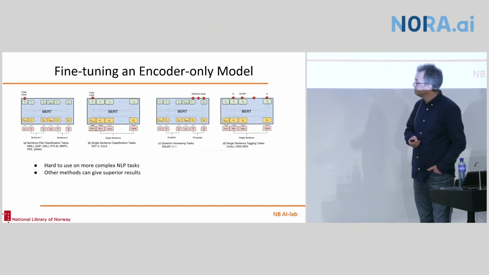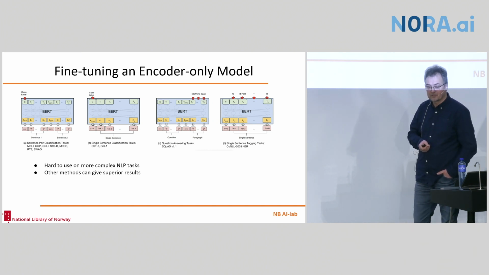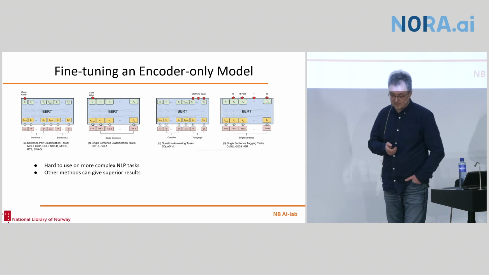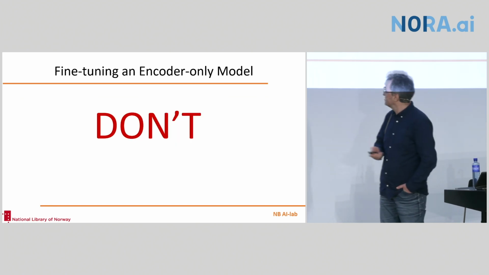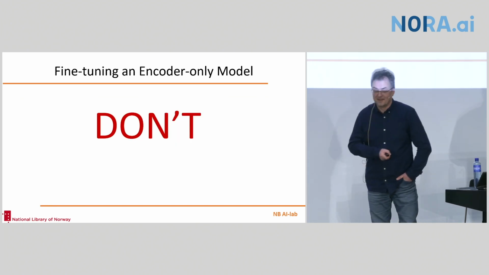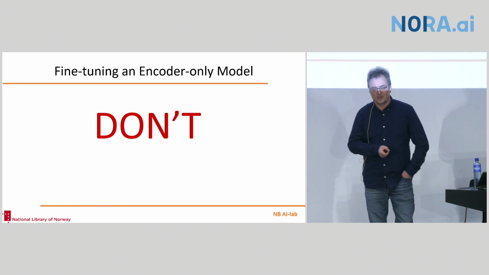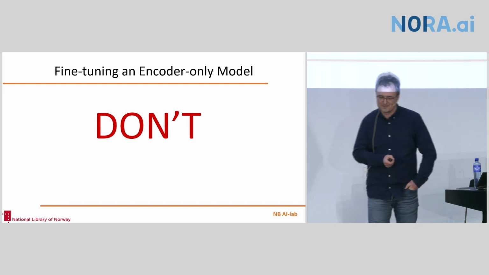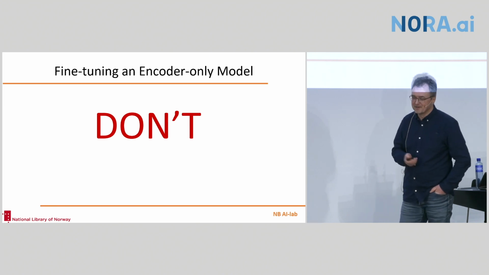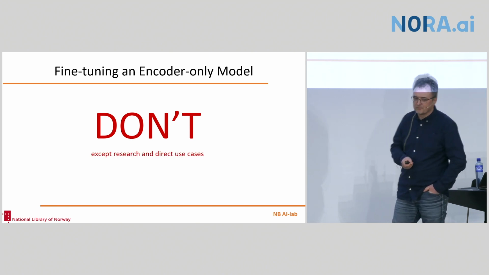And there are also other methods out there that give superior results today. So my suggestion is don't really fine-tune these models. Probably provoke some here, but unless you do it for research, of course.